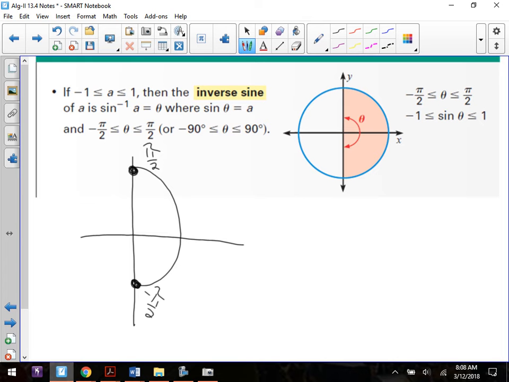This becomes really simple when we start doing some examples. When we're searching for cosine values, we're going to search between 0 and pi, because cosine goes negative in the second quadrant.